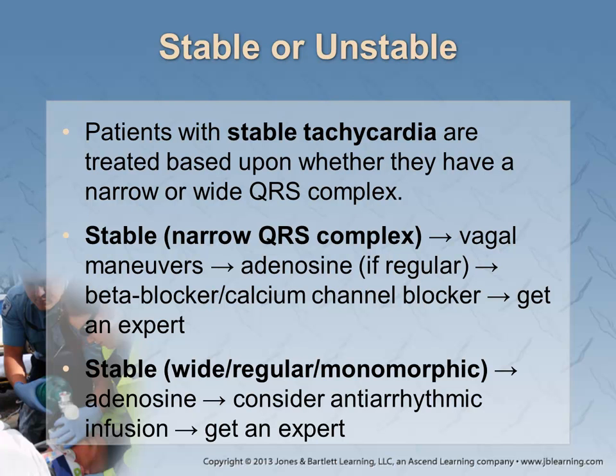But what's probably going to help with a wide complex, which is going to be like your VTAC with a pulse, is going to be your antiarrhythmic. And that's going to be amiodarone. And lidocaine if your ambulance still has it.